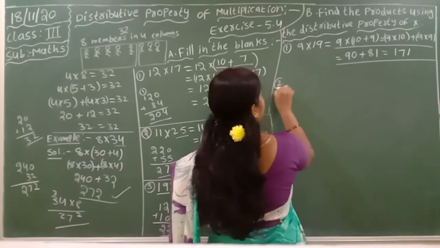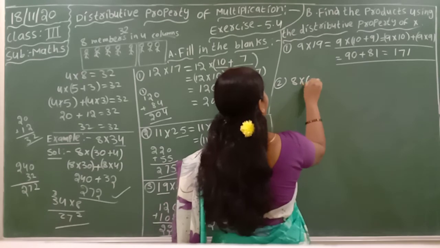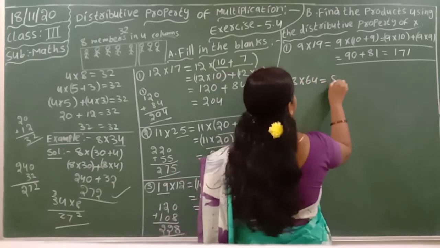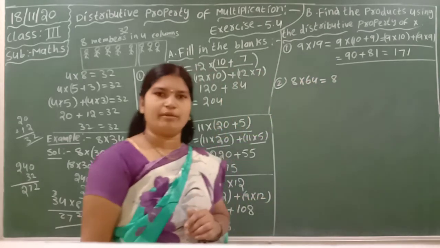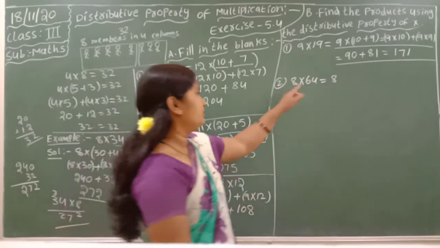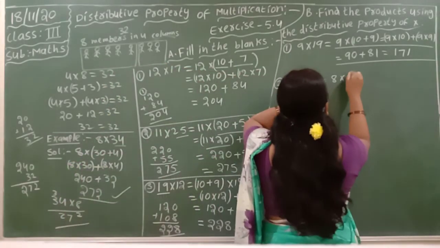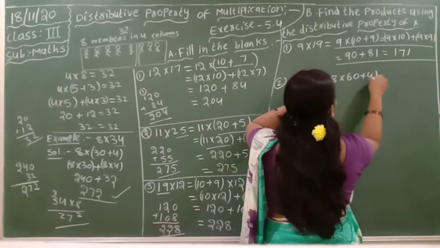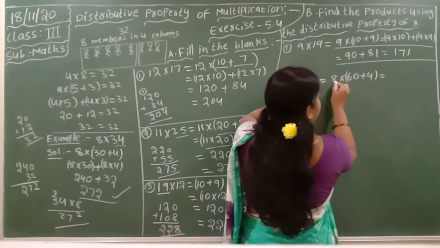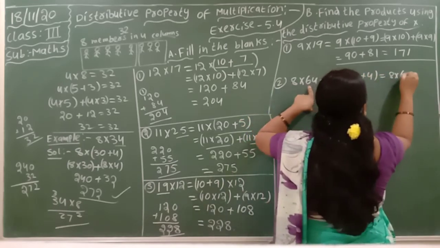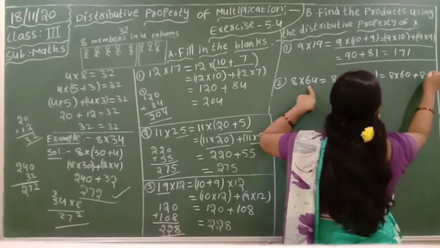See here. Second question, 8 into 64. Here 64 is the big number. So you can separate this big number into smaller numbers, 60 plus 4. Here 8 into 60 plus 8 into 4.